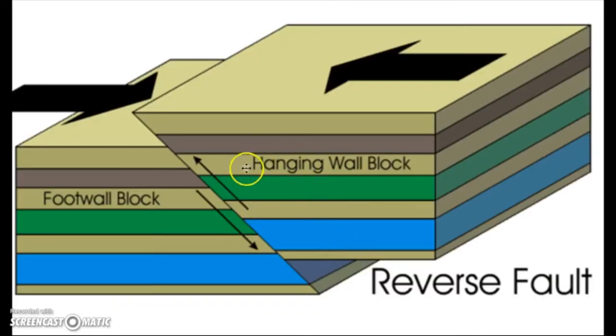So in this case, the hanging block wall has slid up the fault. And the way I remember reverse faults is it's going the opposite way gravity wants it to go. So normally gravity is going to follow down. That's a normal fault. Well, a reverse fault is going to be the opposite of what gravity is trying to get it to do.